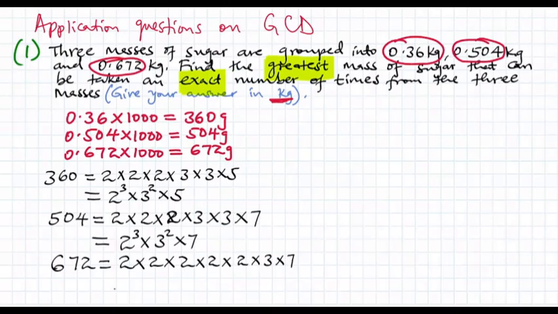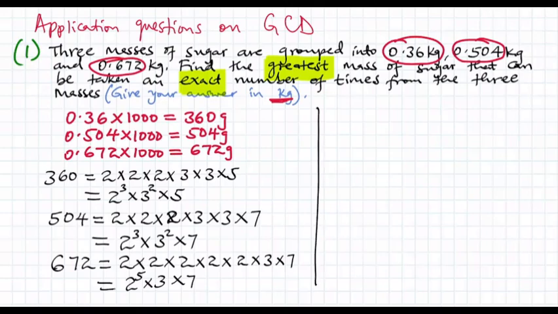And by 3. And by 7. So I end up getting 2 raised to 5 times 3 times 7.